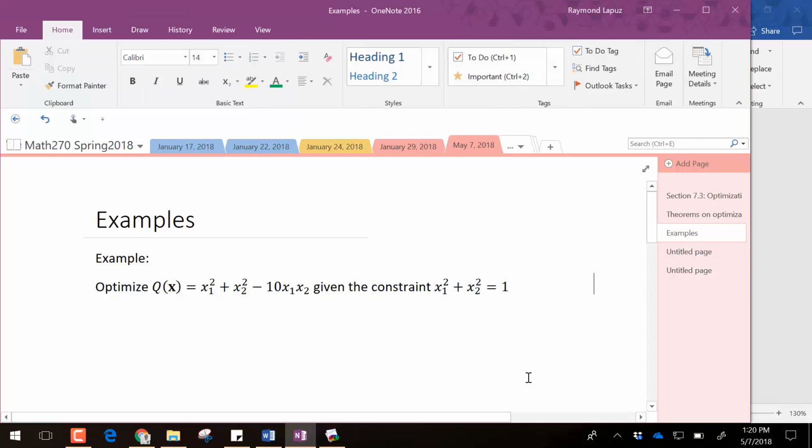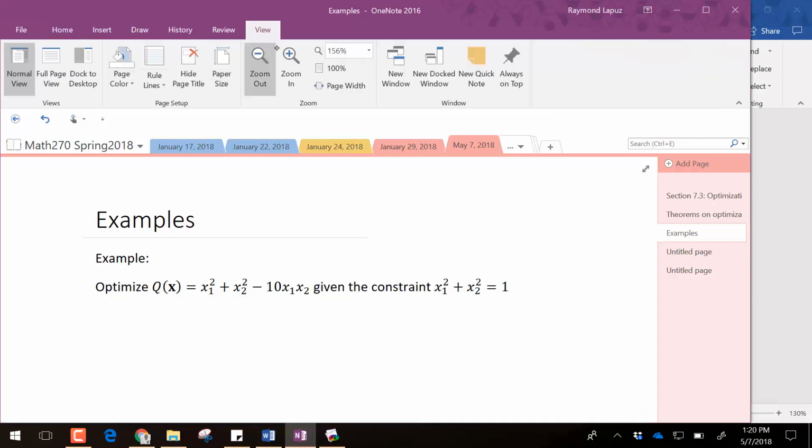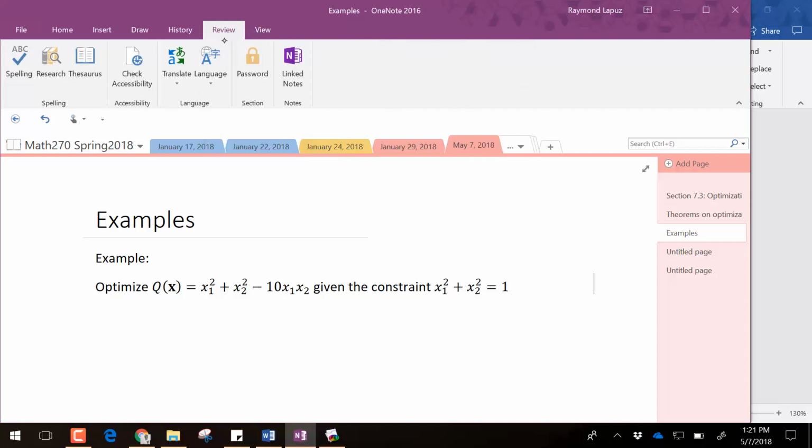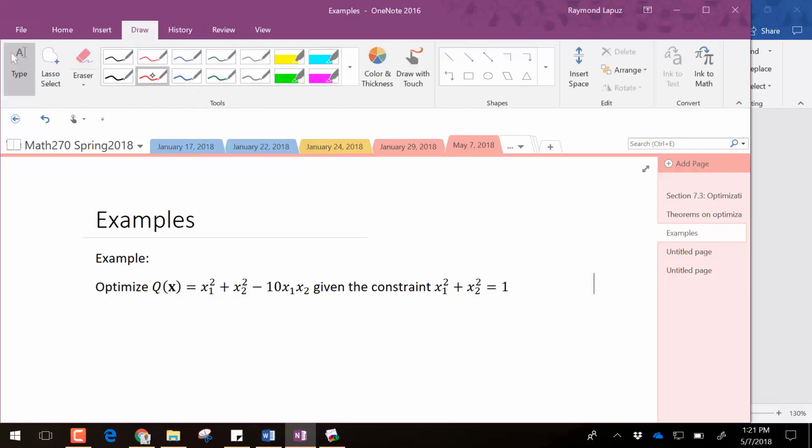All right, if we're going to do this particular problem, we need to find the eigenvalues and eigenvectors. So we probably want to look at our A matrix. You remember how to find your matrix from your quadratic form?